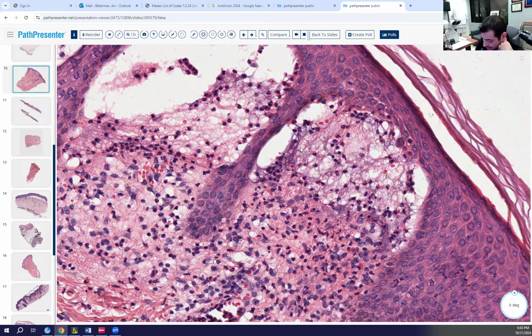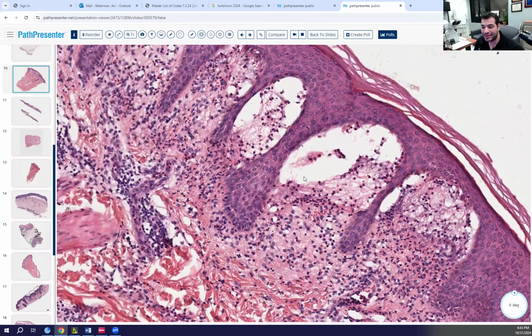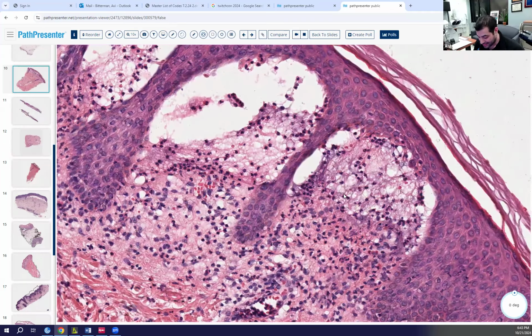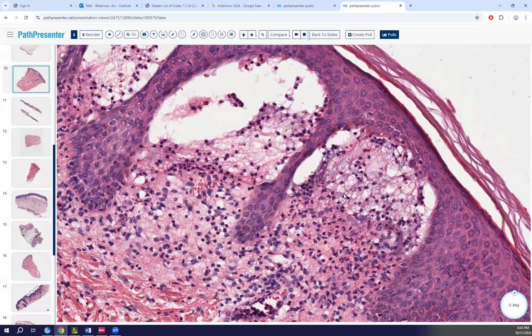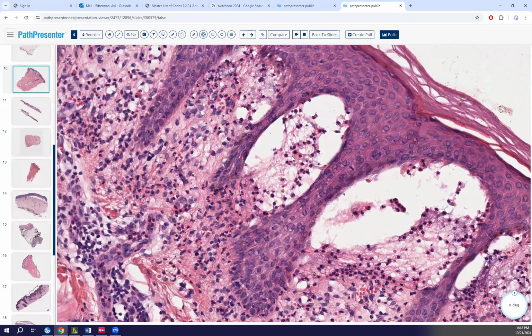Pemphigoid, herpes gestationis. Did we get linear IgA? Oh yeah, linear IgA. Yeah, DH. Okay.